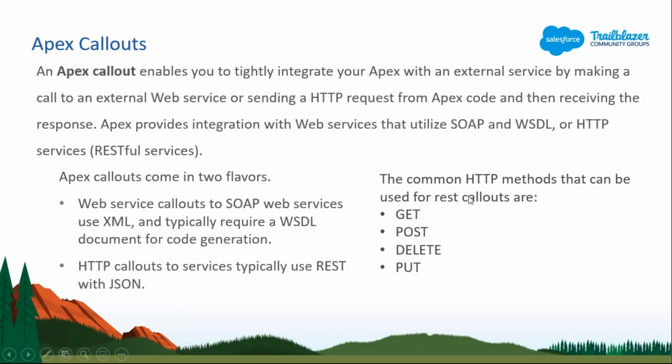And Apex callouts will be useful when we are working with a WSDL file. Do you know about WSDL files? Have you worked with them? It's a simple XML type of format that gives you all the object fields and the schema of the object, or like I can say the schema of that table.